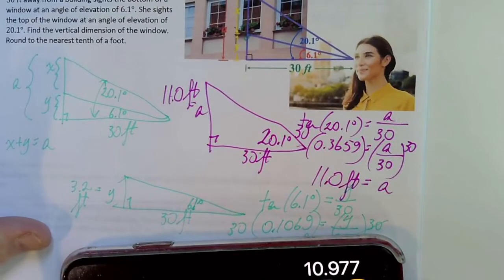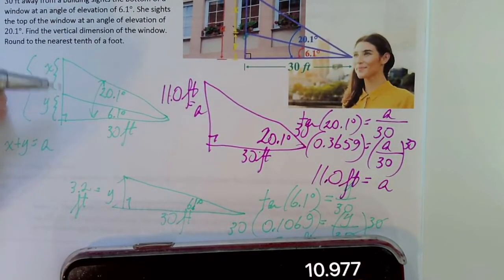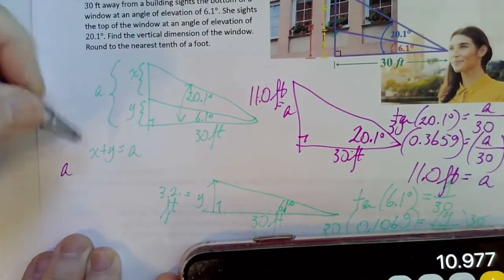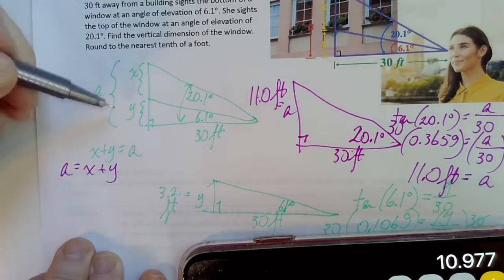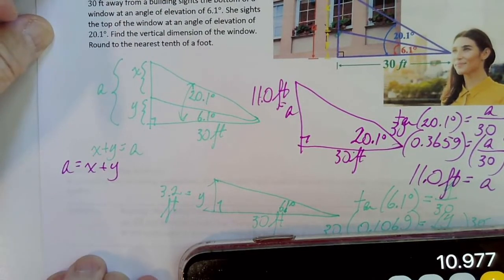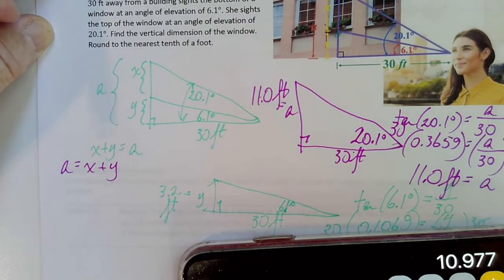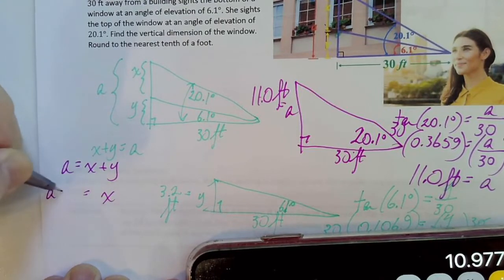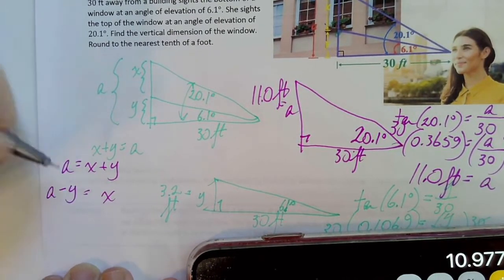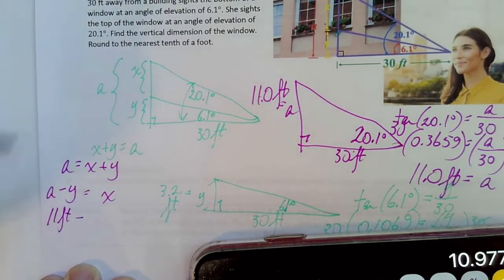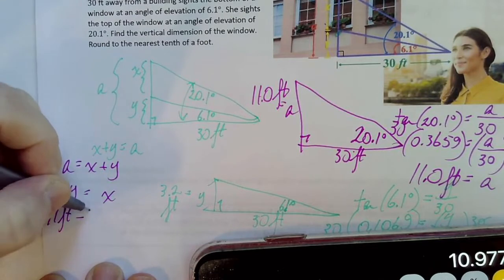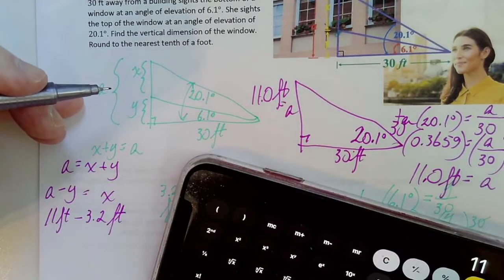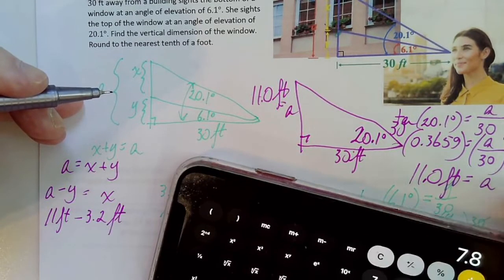And how can we find the height of the window, X? Well, yes, exactly right. We know that A is equal to X plus Y, and that's the main reason why I put all those labels, so it would be easier to figure out how to solve for X. So X is, we have to subtract Y from both sides, and A was 11 feet, Y was 3.2 feet, 11 minus 3.2 is 7.8.